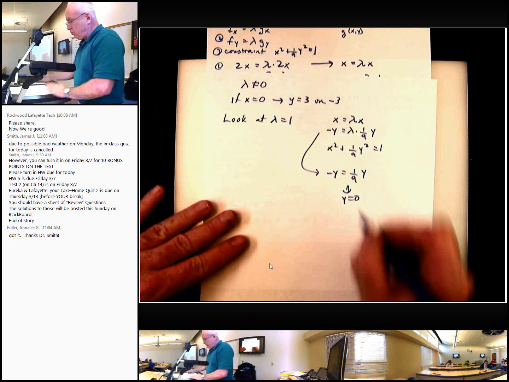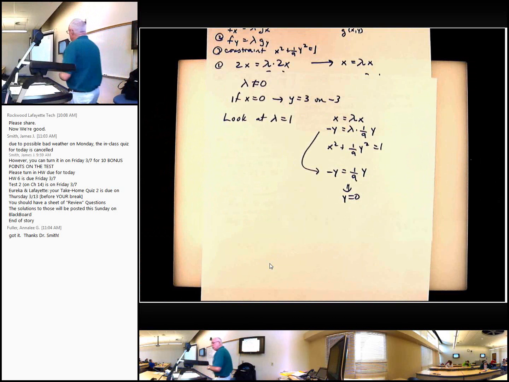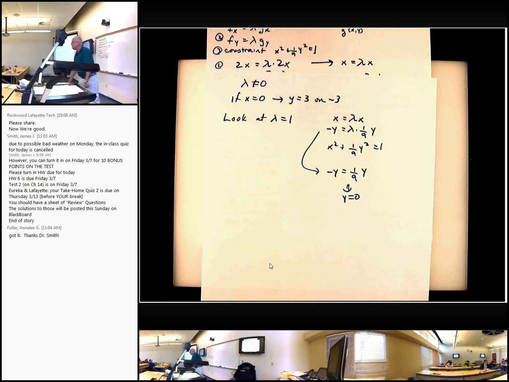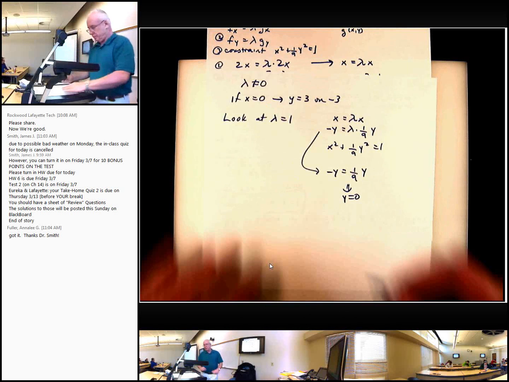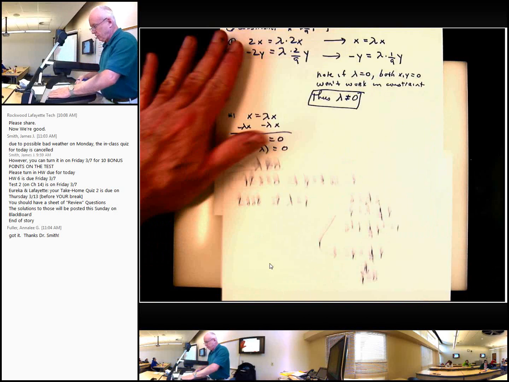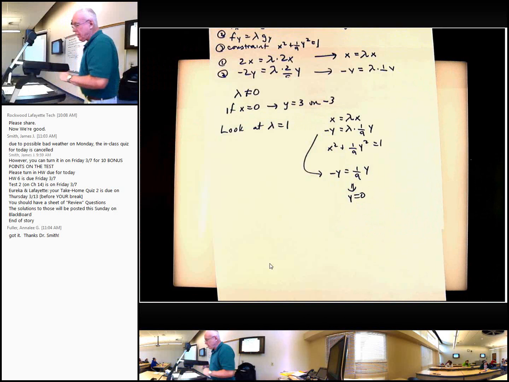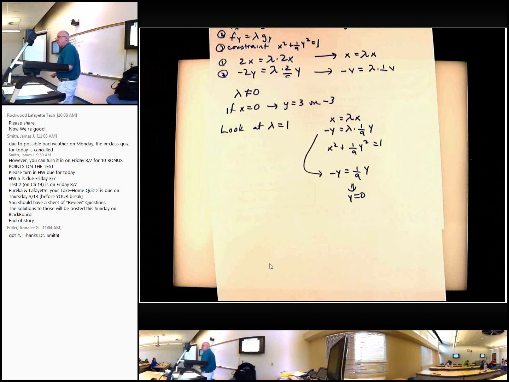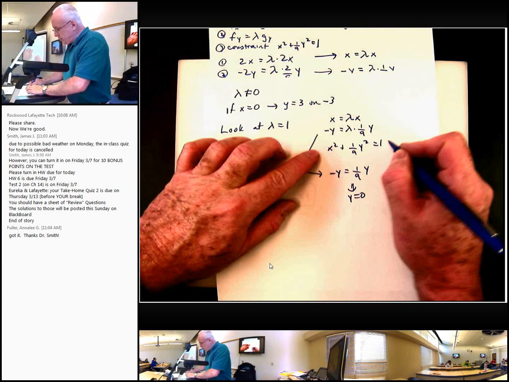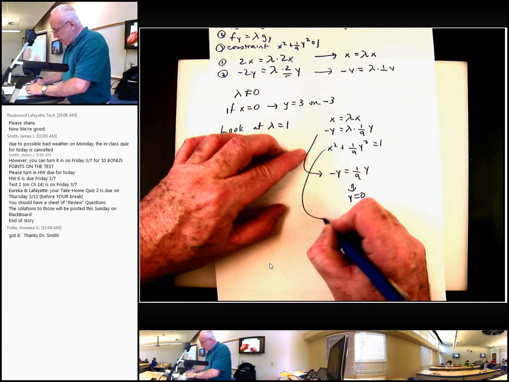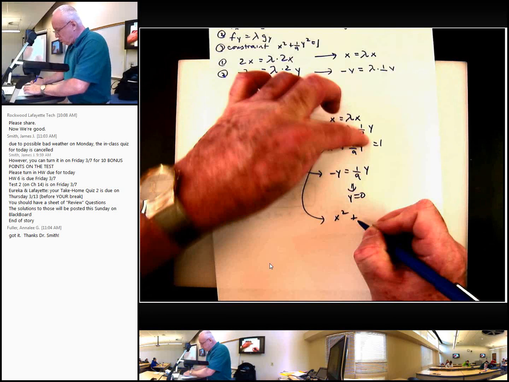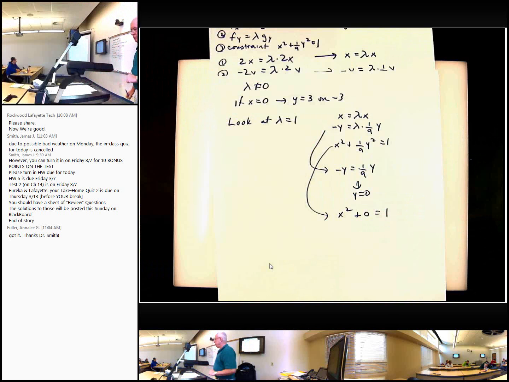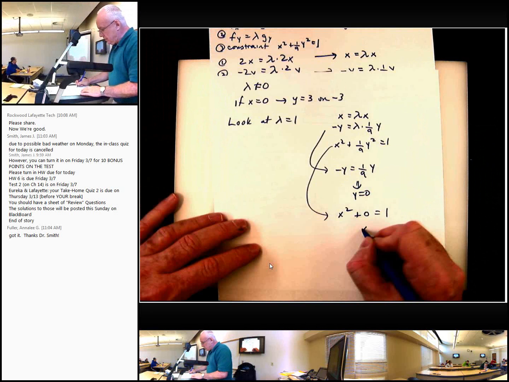Okay, if y is equal to 0, what are the corresponding x values? Well, which one do I have to look at here, 1, 2, or 3, to figure that out? Look at number 3. So from number 3, y is equal to 0, I'm going to have x squared plus 0 equals 1. So x squared is equal to 1.